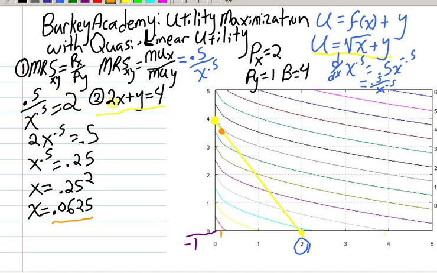So 2 times 0.0625 plus y equals 4. And so that's going to be equal to 0.125 plus y equals 4. Subtract 0.125 from both sides, and we're going to get y equals 3.875, I believe.